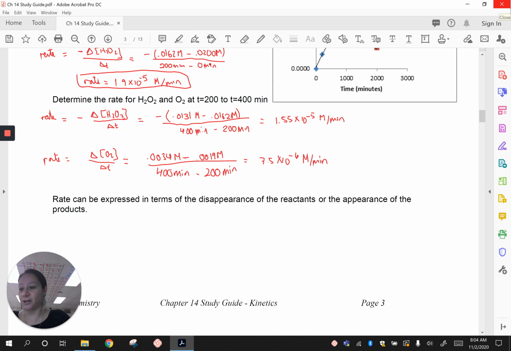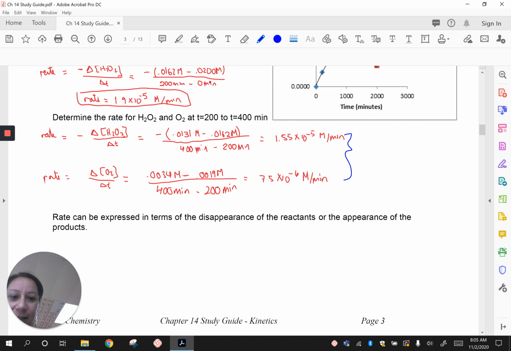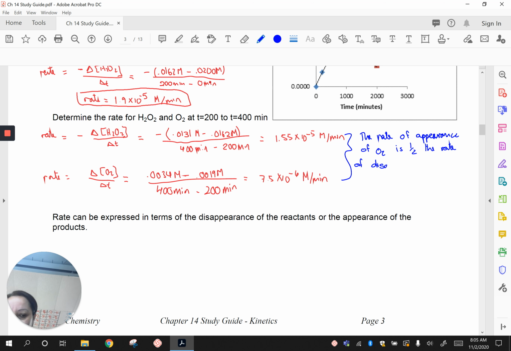Let's write that down here. It's a different color. Okay, so we're going to look at these here and we'll say the rate of appearance of O2 is half the rate of disappearance of the hydrogen peroxide.